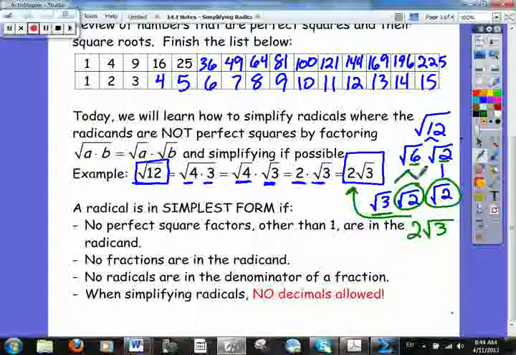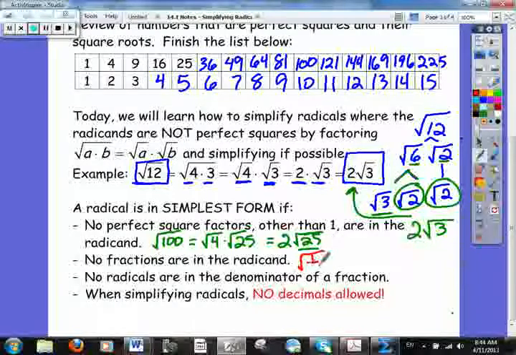Alright, a radical is in simplest form if there are no perfect square factors other than 1 in the radicand. For example, if I did the square root of 100 and I said, okay, square root of 4 times square root of 25. Oh, the square root of 4 is a perfect square, 2. And I stopped right there. Well, I can't, because 25 is a perfect square. I would have to reduce that. No fractions in the radicand. Example, we don't want this.